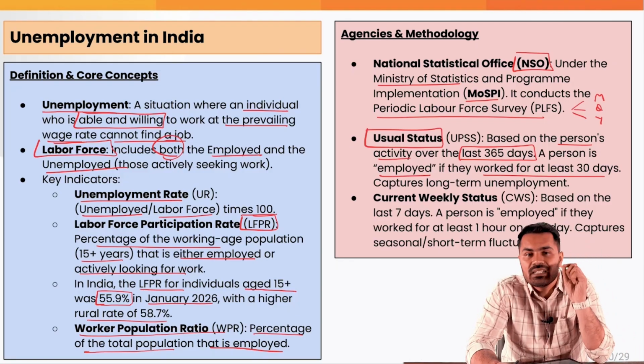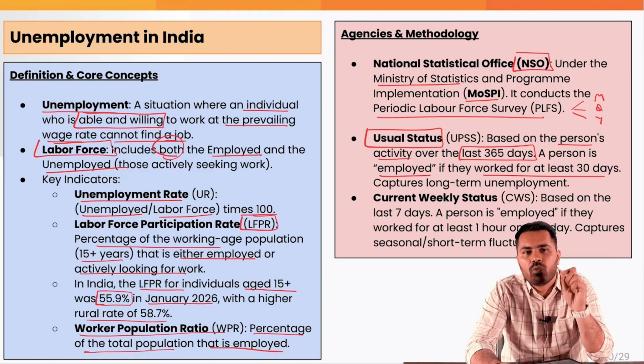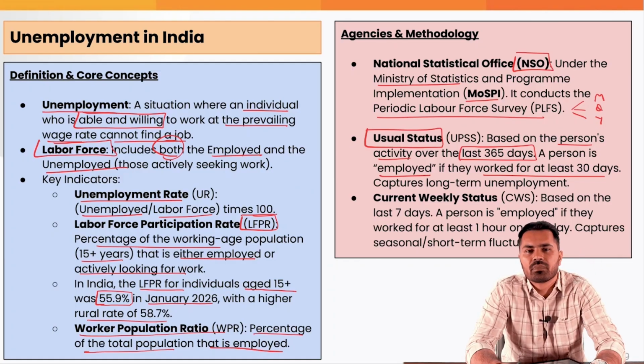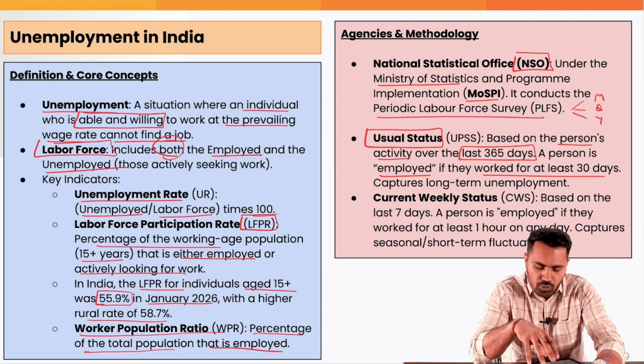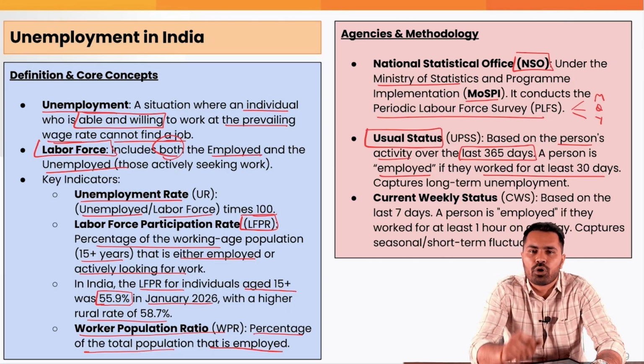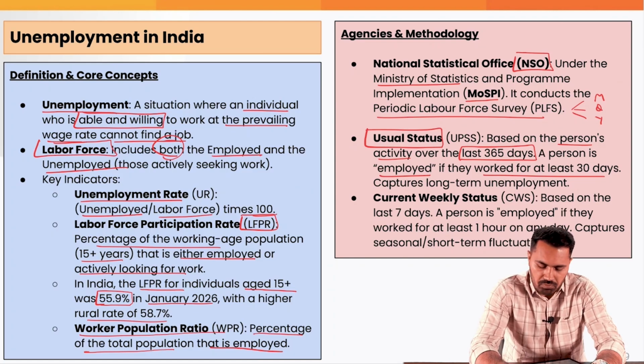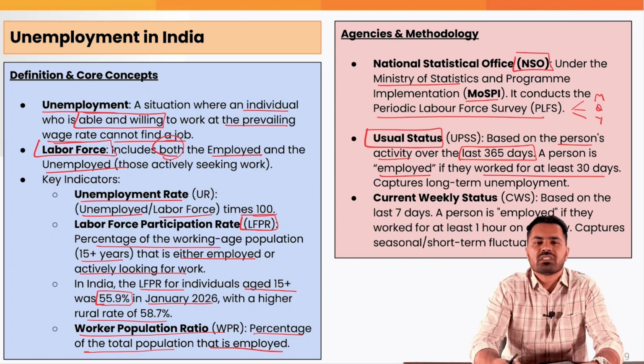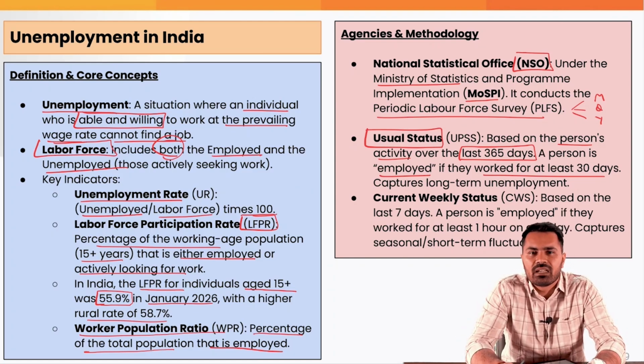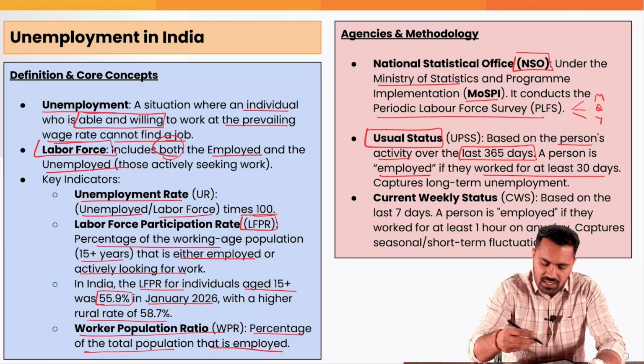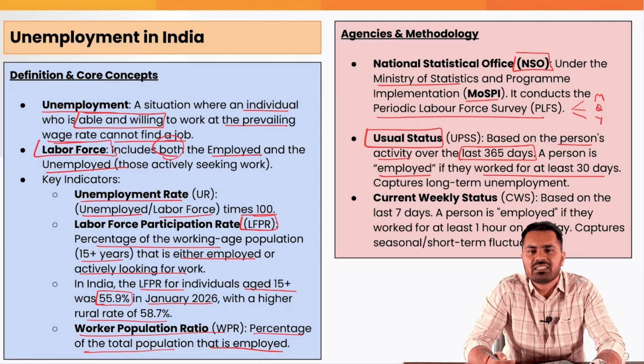A person is considered employed if they have worked for any 30 days in the entire year. Let's say in the entire 2025, if you have worked only for 30 days, then also under this method you are considered employed. So God knows what the exact unemployment rate is if we consider the entire cycle of the year.